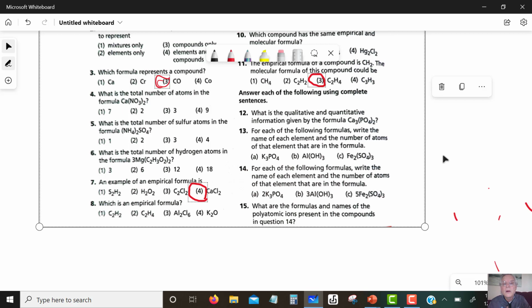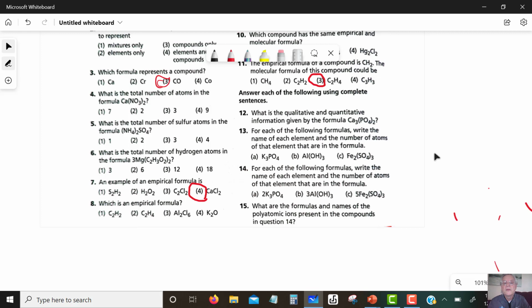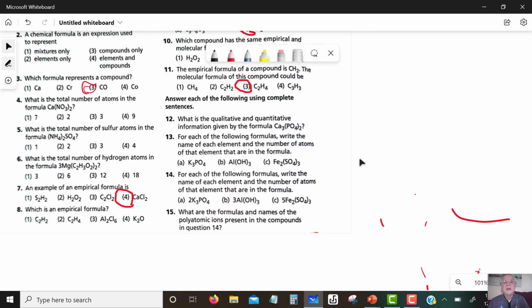I'll start with number 13C. You should be able to do A and B. Those are simple ones. And then I'm going to look at 14C as well.